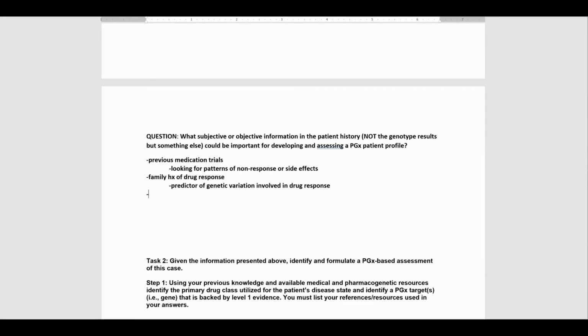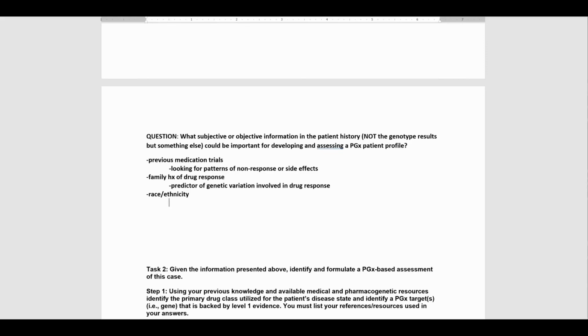One final one that we want to think about when we're doing a pharmacogenetic consult is race and ethnicity. So as we'll find out in a few steps, this can lead us to certain genetic variants, and their rates of occurrence or prevalence can differ depending on race.